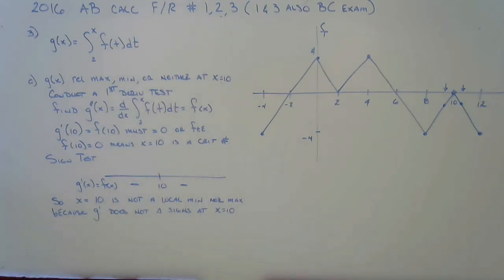So they're making us run our sign test. They're making us find our local min, local max, show them that we can do that analysis, but they're not giving us a traditional, hey, find the derivative of this function kind of question. Okay? Very common on the AP test.